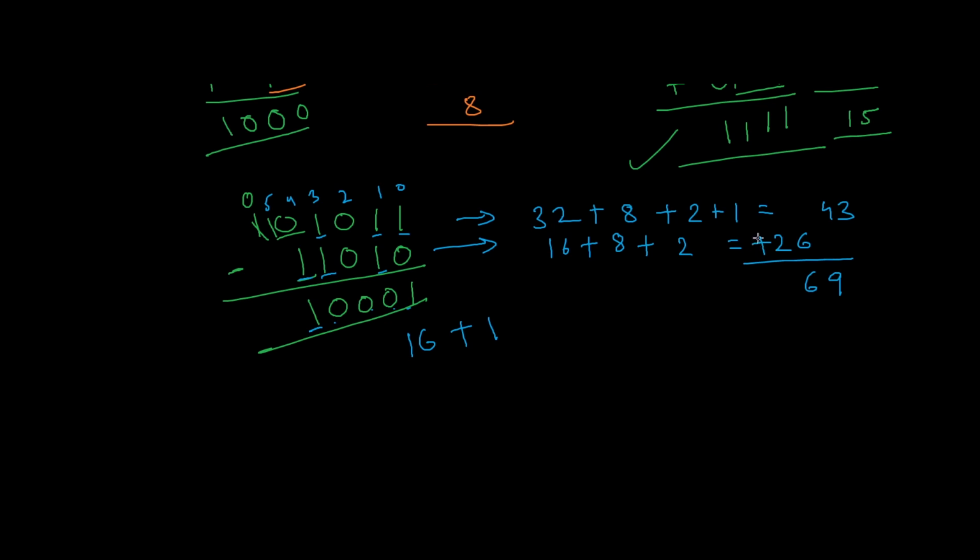Excuse me. This was not an addition problem, it was a subtraction problem. So if I subtract 26, it's going to be 17, and 16 plus 1 is equal to 17. So it checks out. Anyways, that's it for this episode.